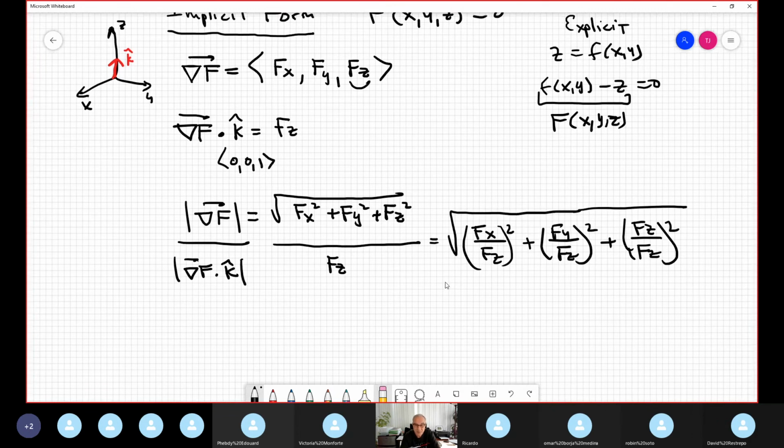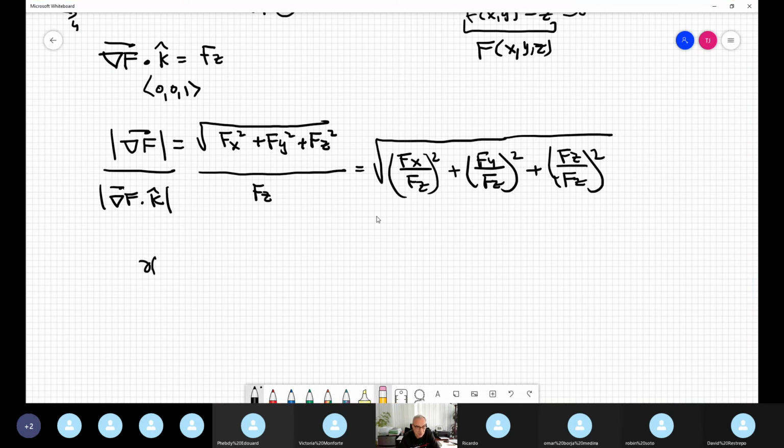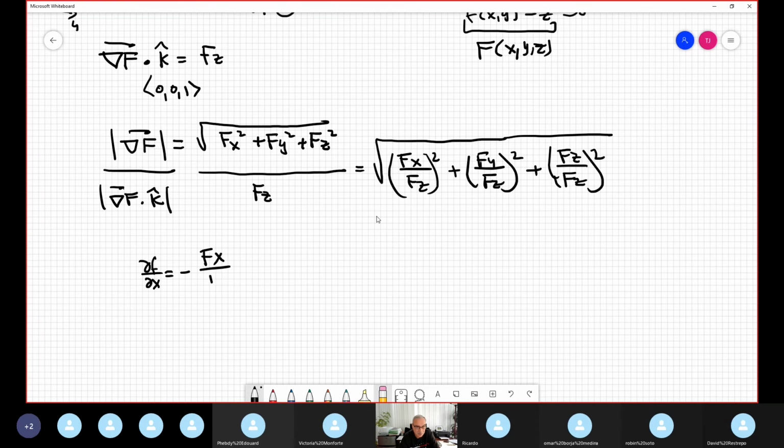I suppose you remember the formulas we studied in the chapter for implicit differentiation: the partial of z with respect to x is equal to minus Fx divided by Fz. This is exactly the same, but squared. So this is equivalent to the square root of Fx squared plus Fy squared plus 1. And this is multiplied by dx dy because we're using the k component.